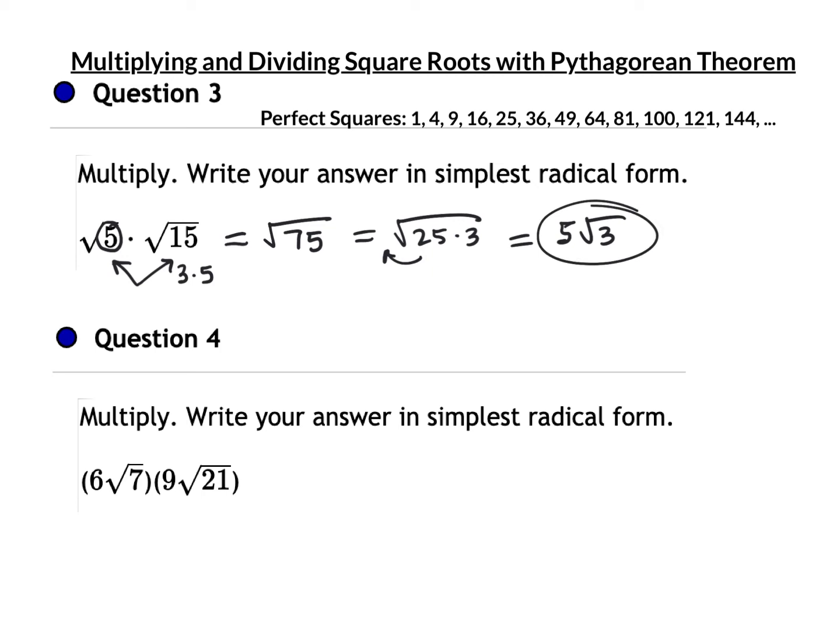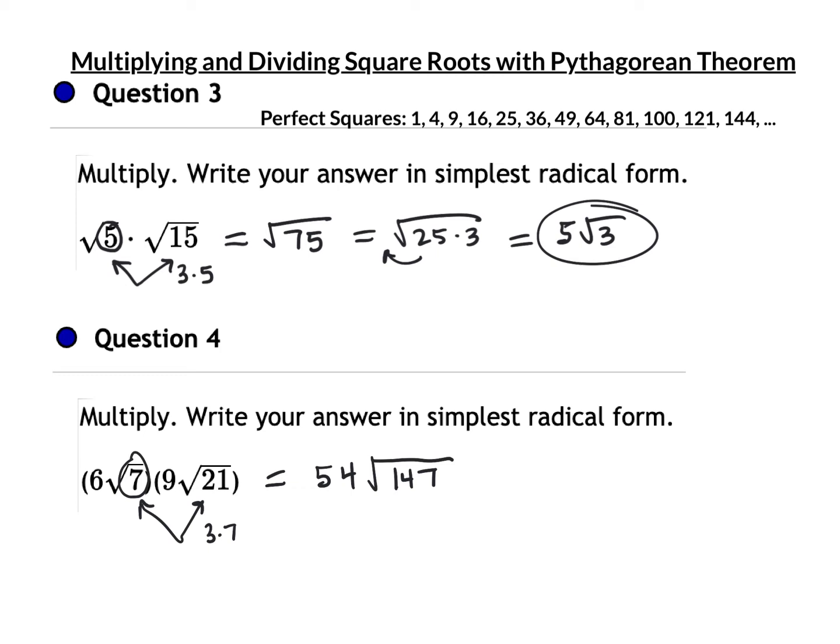Question 4. 6 root 7 times 9 root 21. This is going to be 54, 6 times 9, root 7 times 21 is 147. We need to find the largest perfect square in 147. We can spot it right here. The GCF of 7 and 21 is 7. There's a 7 and 21, 3 times 7, and there's a 7 right here.